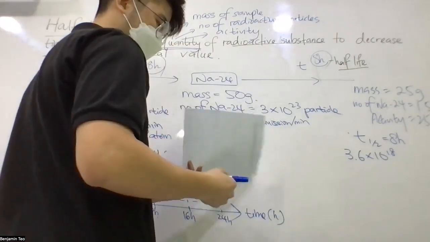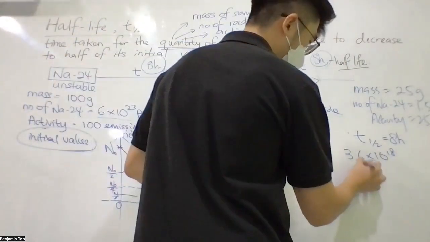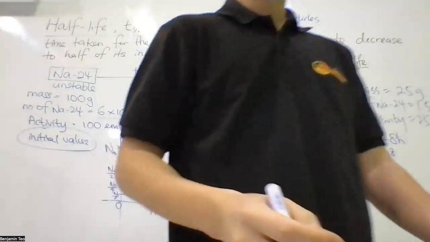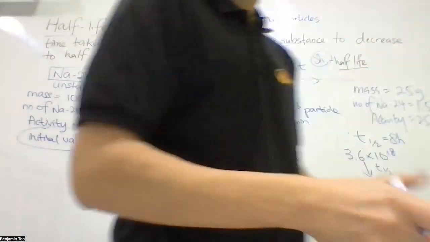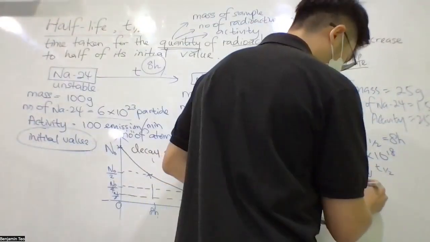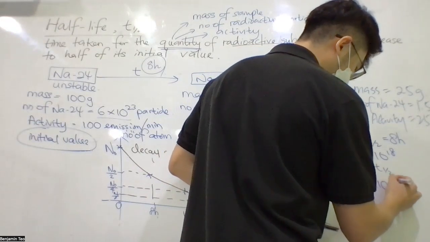So from here, you just do an arrow diagram. You draw one arrow. What is the next value after one half-life? After one half-life, you divide by two, starting with 3.6. So 1.8 times 10 power 18.